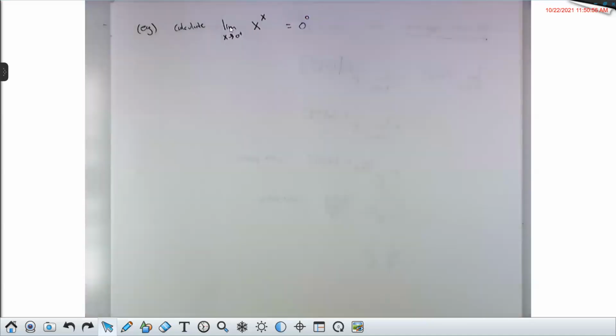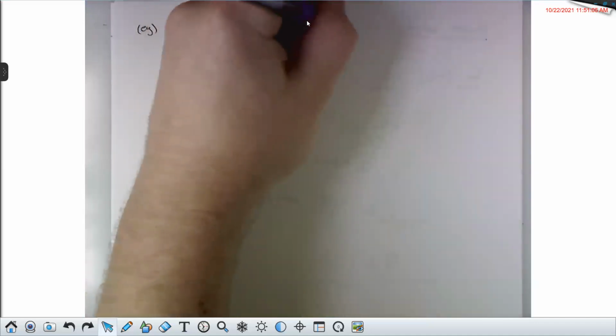It's not something that you'll see a whole lot, but it makes for a great indeterminate power. Because if you go ahead and plug in 0, you get 0 to the 0. The base being 0 wants to make the whole thing 0. The power being 0 wants to make the whole thing 1. So this is an indeterminate power.